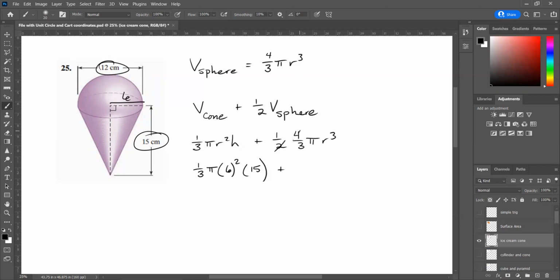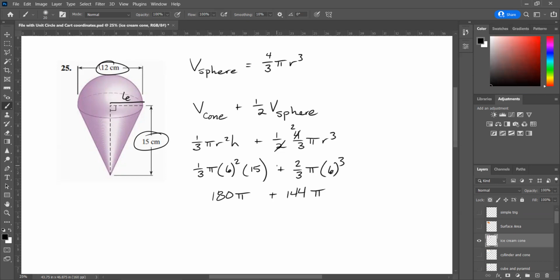Let's see, half of 4/3 is 2/3. So 6 squared times 15 divided by 3 would be 180. So I've got 180 pi here. And 6 cubed times 2 divided by 3 would be 144.